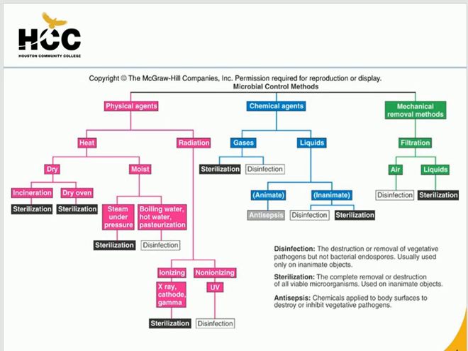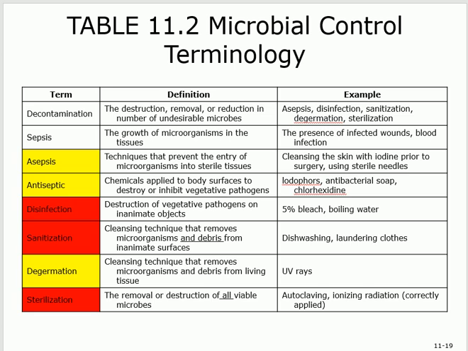This is the general map of all these agents. So here is a table I put together to give you the comparison, and I put a color code to remind you which one is animate and which one is inanimate. Generally speaking, decontamination is using anything to get rid of anything. Clear? This is not specific yet. Sepsis means the growth of microorganisms in the tissues.